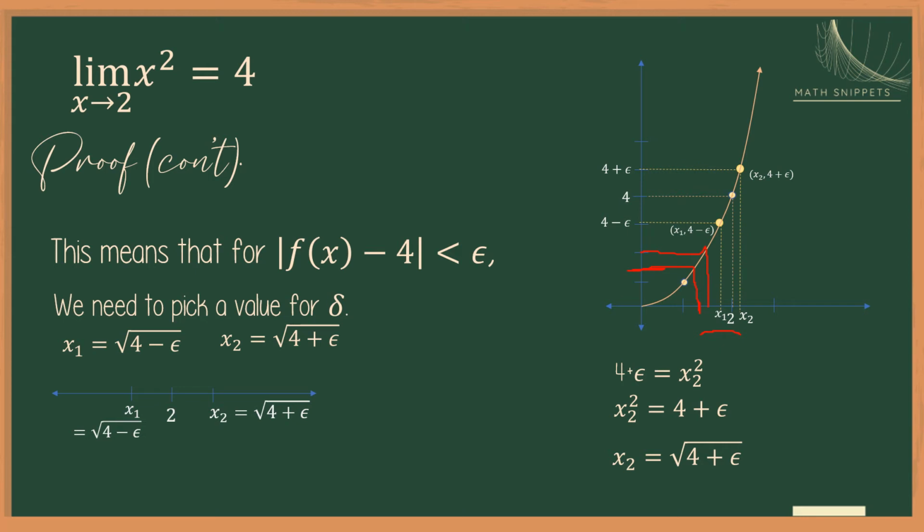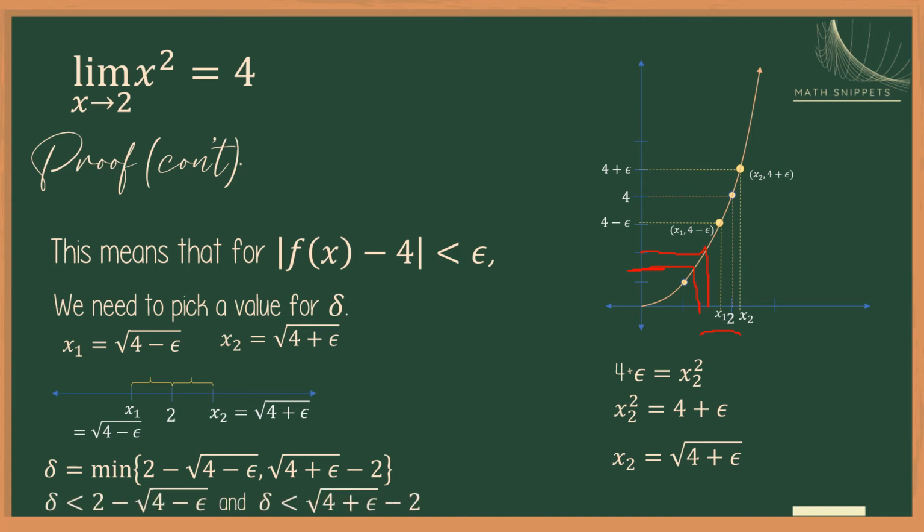So we will pick a delta that is the minimum distance between 2 and x sub 1 or 2 and x sub 2. Okay? So we take delta to be 2 minus x sub 1 or x sub 2 minus 2.